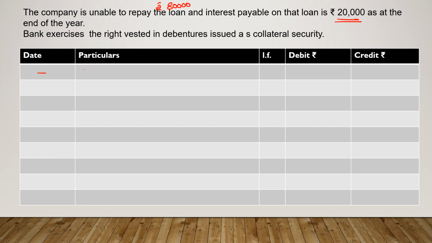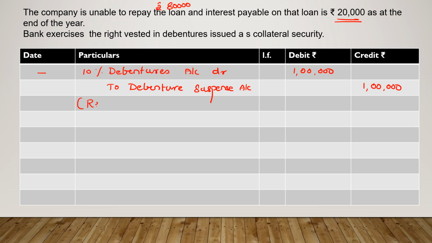So the entry now would be 10% debentures account debit 1 lakh to debenture suspense account 1 lakh. So this is for the reversal of debentures issued as collateral security.